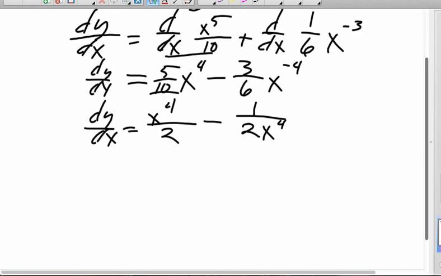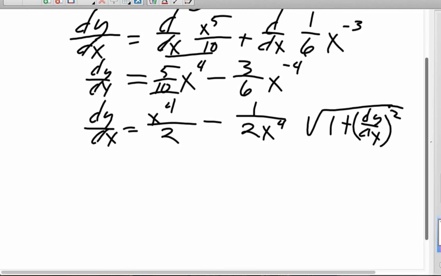Okay, and remember we're going to plug this thing into a big thing of 1 plus dy dx squared. So the trick to these kinds of things is to go ahead and see if we can do something about this to begin with. So I'm going to just deal with the inside part of this for now.